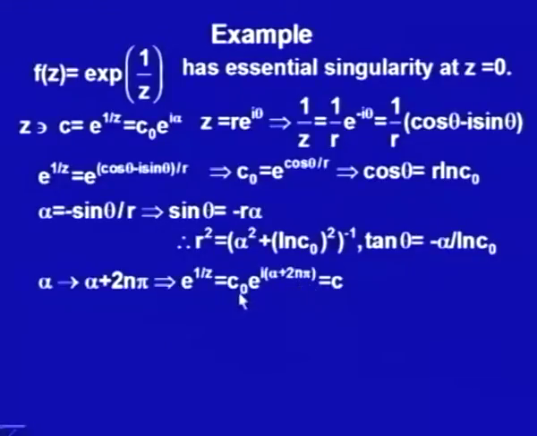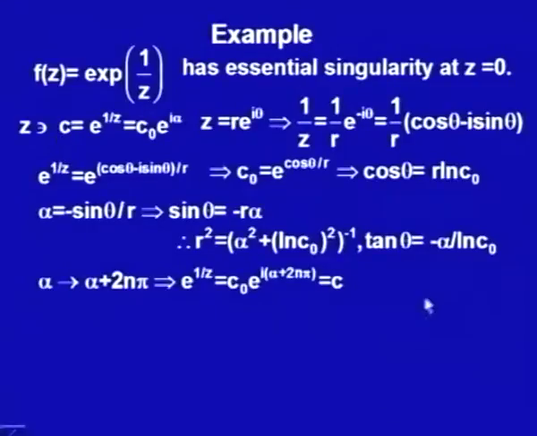So this is the same as c₀ e^(iα), that is c. So if I am changing α to α + 2nπ, certainly this value c is not changing.